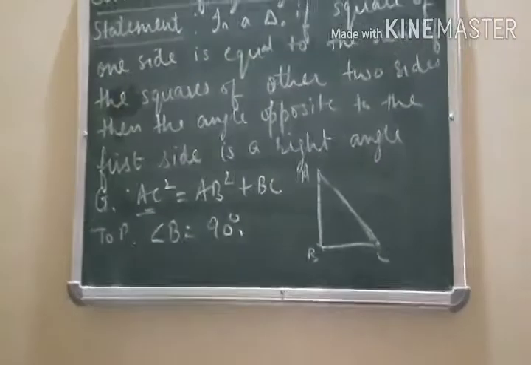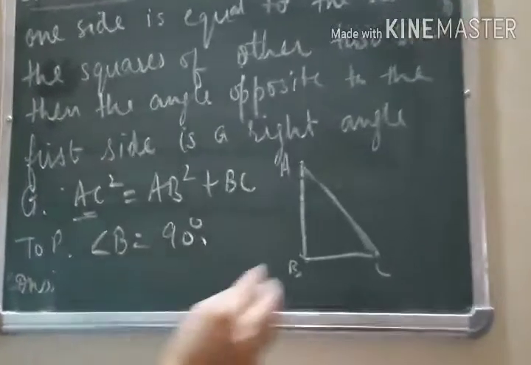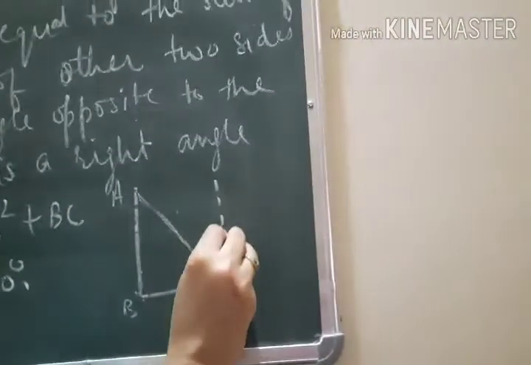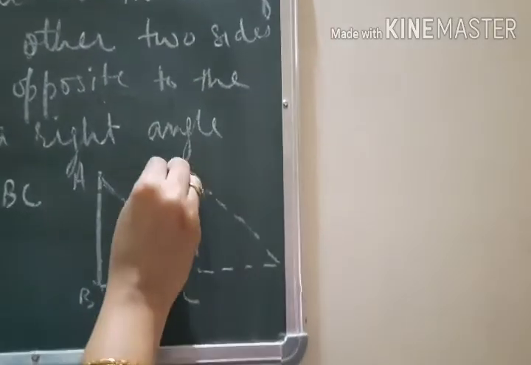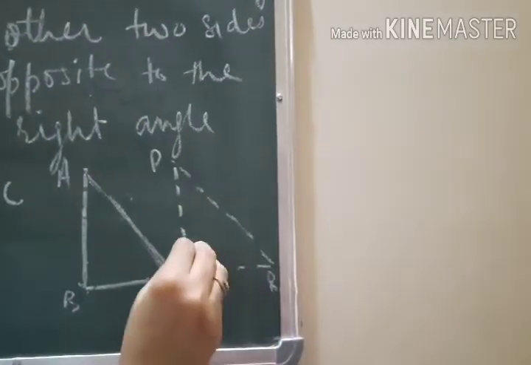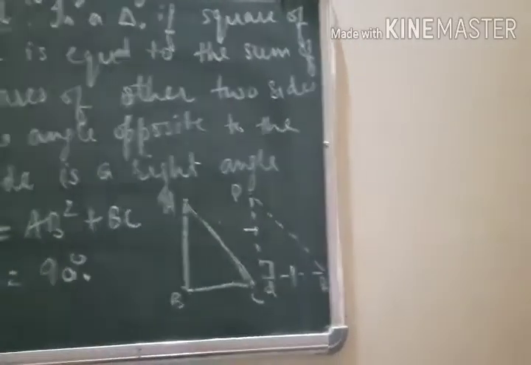For this, again we have to do a construction. What construction will we do? We'll take one more triangle PQR such that angle Q is 90 degrees, AB equal to PQ and BC equal to QR.